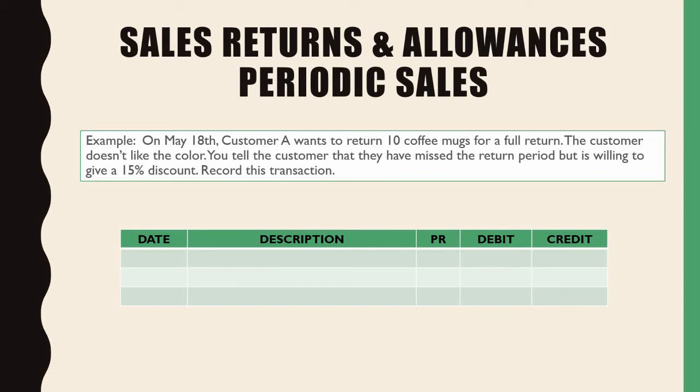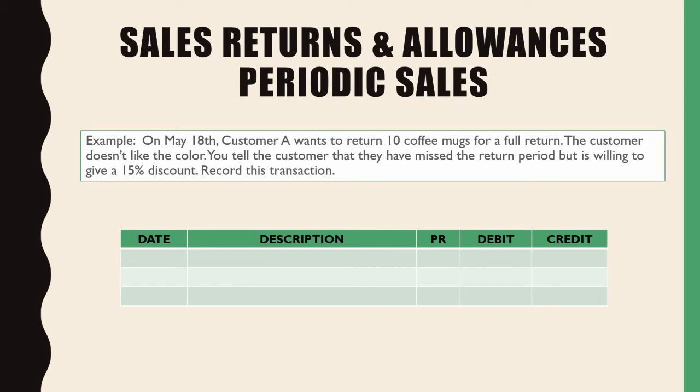And here's our second example. So on May 18th, customer A wants to return 10 coffee mugs for a full refund. However, the customer doesn't like the color, and you told the customer that they missed the return period, right?